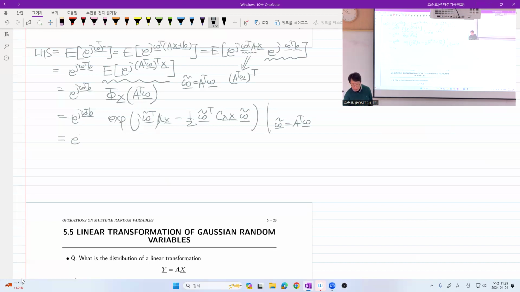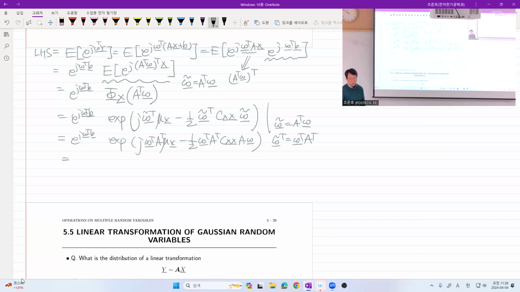So you have e to the j omega transpose b, e to the j, now what? Omega tilde transpose is omega transpose A transpose. So you have omega transpose A transpose mu x minus 1/2, again, omega transpose A transpose C_XX A omega.